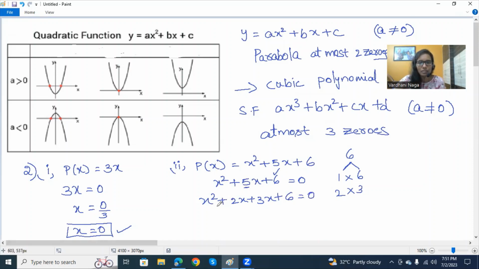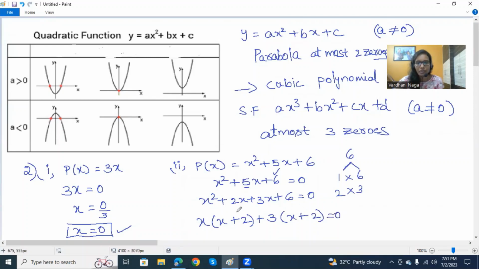Now, in these two terms, what is common? x is common. If you put x outside, x will be left plus 2. Here, what can we take out as common? Factor 3. 3 already went out, so x is left, plus 3 goes into 6 two times.